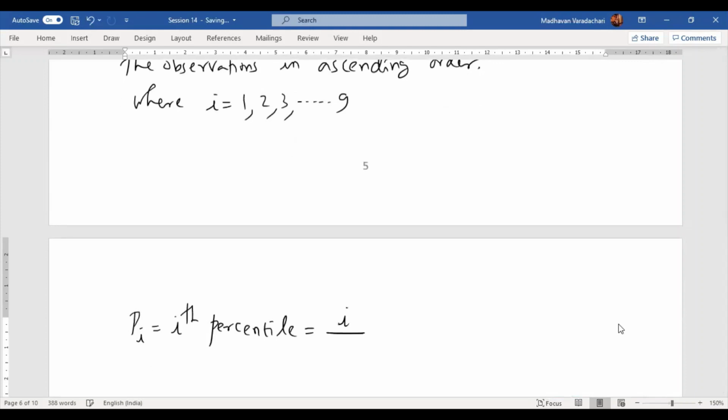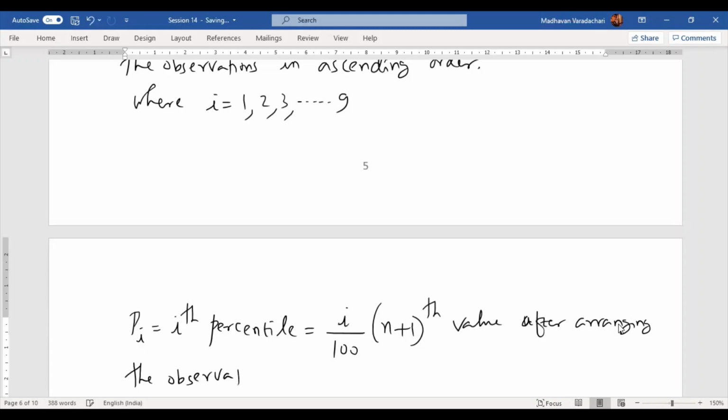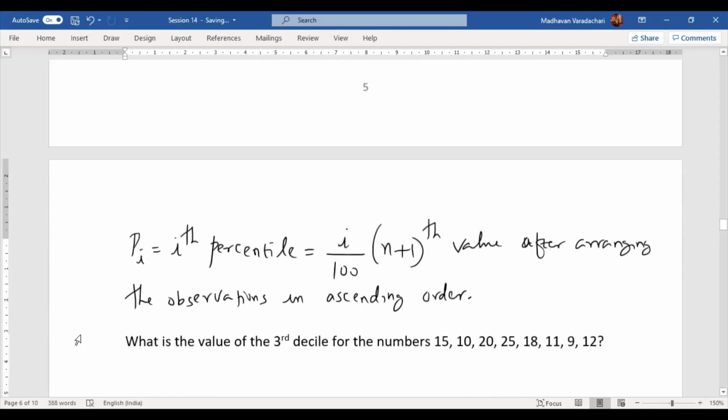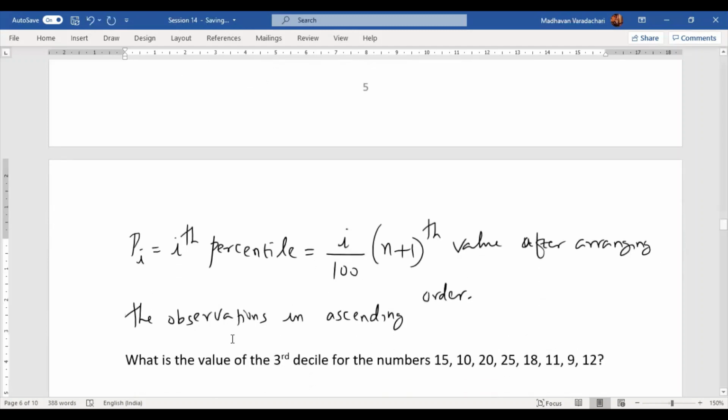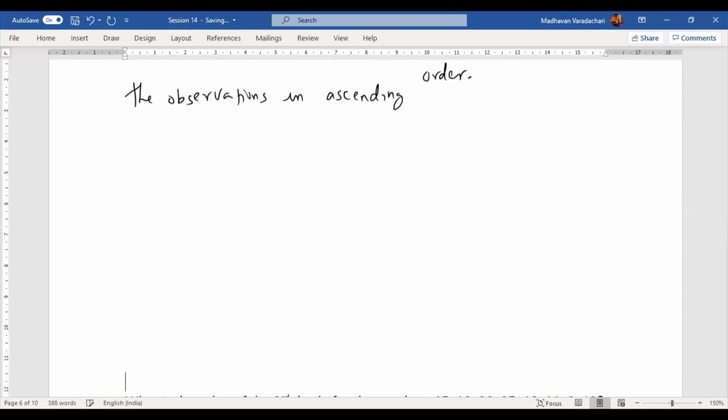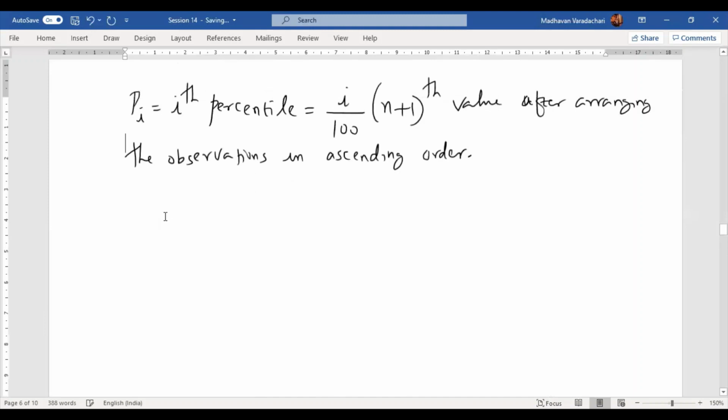It is i divided by 100 times (n plus 1)th value, where after arranging the observations in ascending order, here i ranges from 1, 2, and so on up to 99.